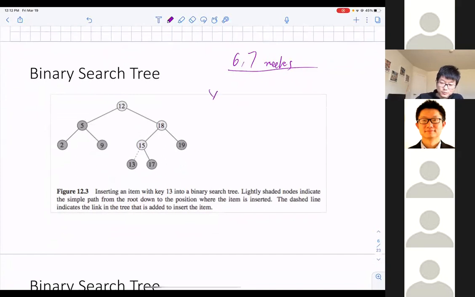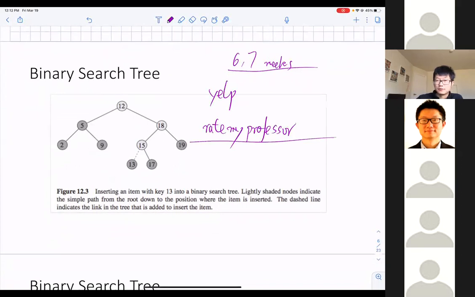Yes, that's the Yelp for professors, right? Just go to that website, Google my name and search my name.